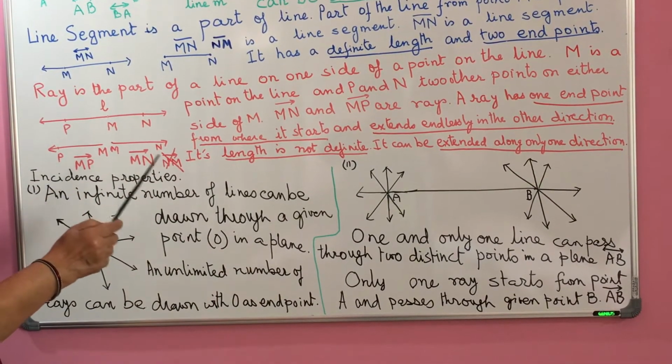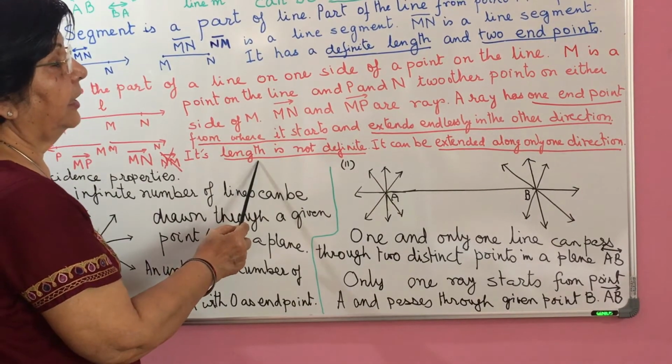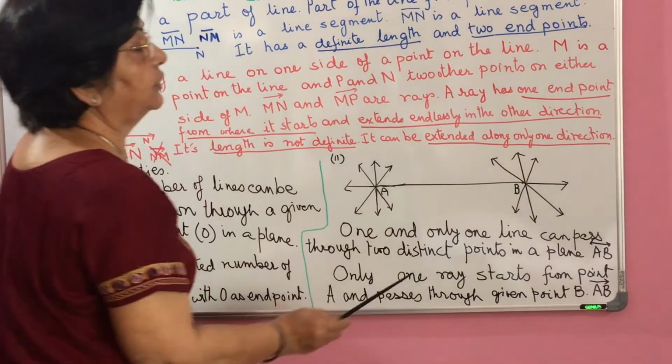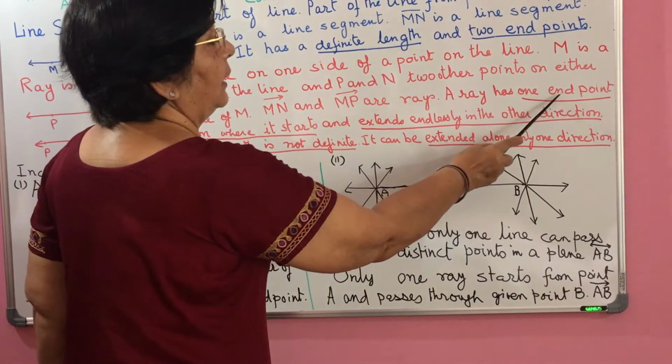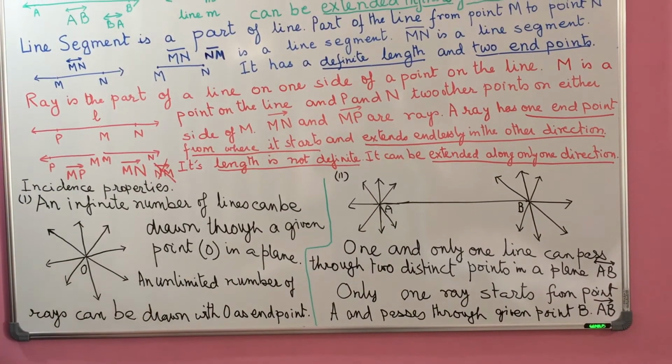So a ray has no definite length and it can be extended along only one direction and it has only one endpoint. It starts from the endpoint.